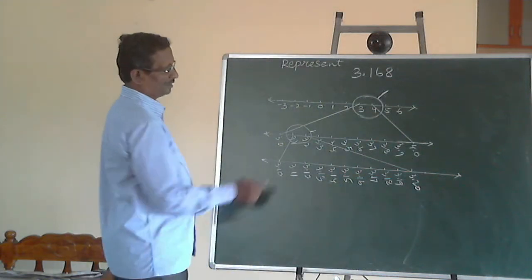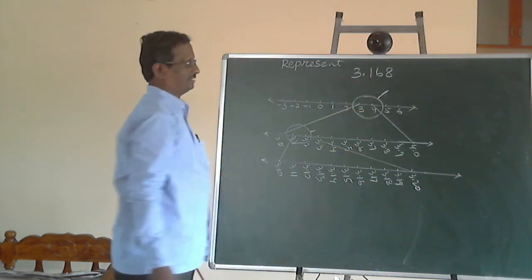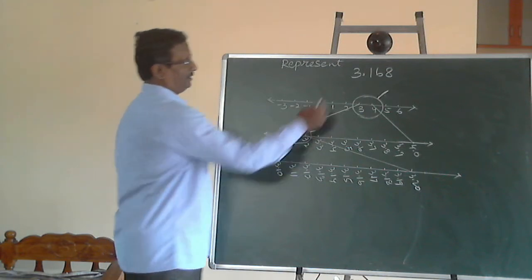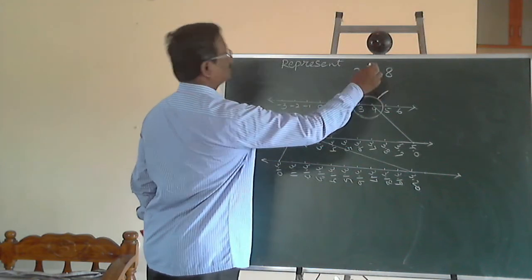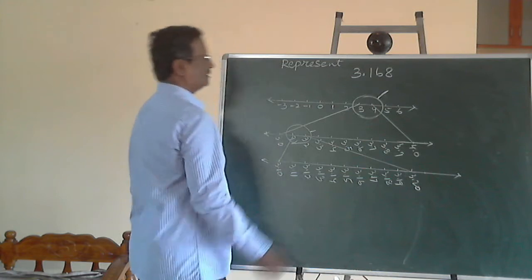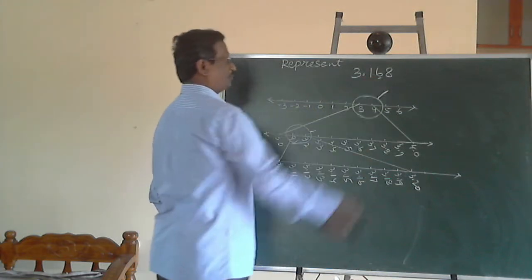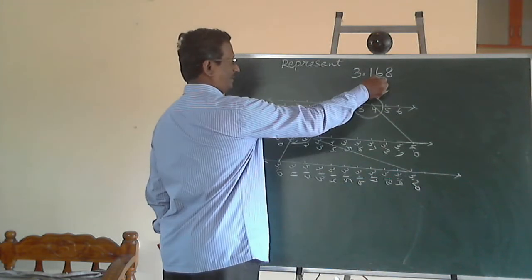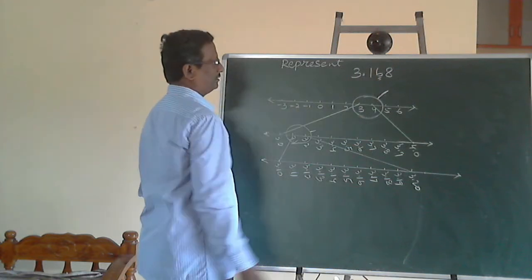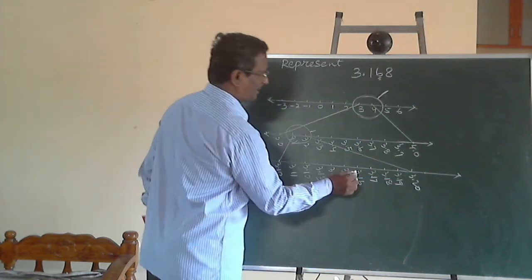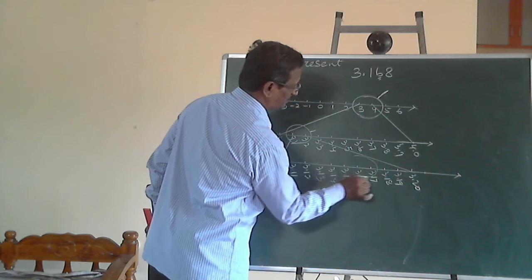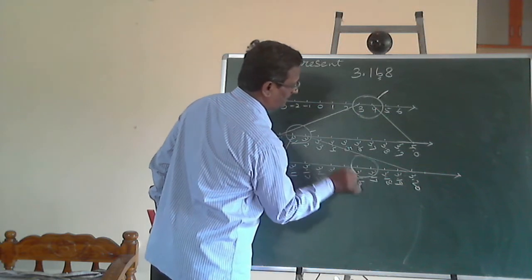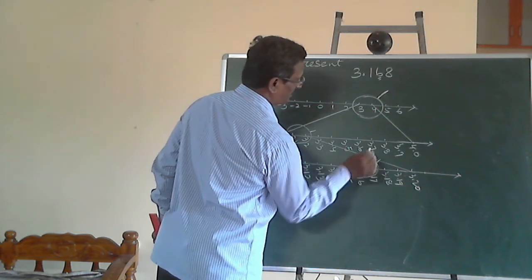Now, this 3.168 is in between 3.16 and 3.17. 3.16 is definitely smaller. 3.17 is definitely bigger than this number. Since this lies between 3.16 and 3.17, this part of the number line is to be again magnified.